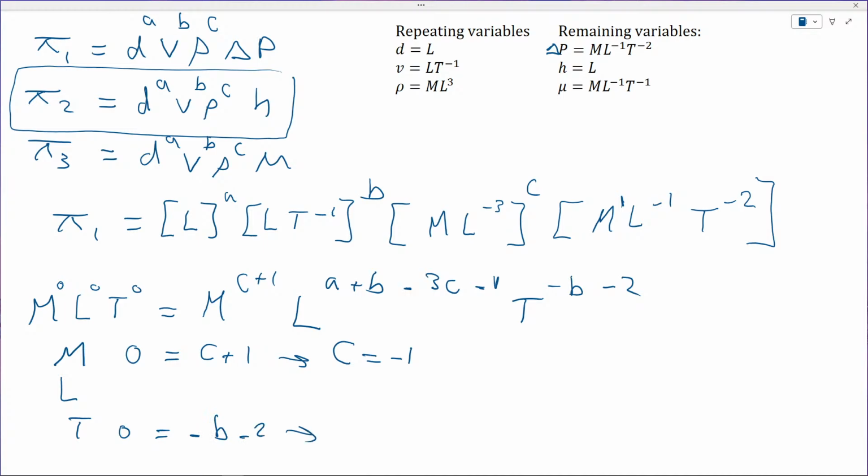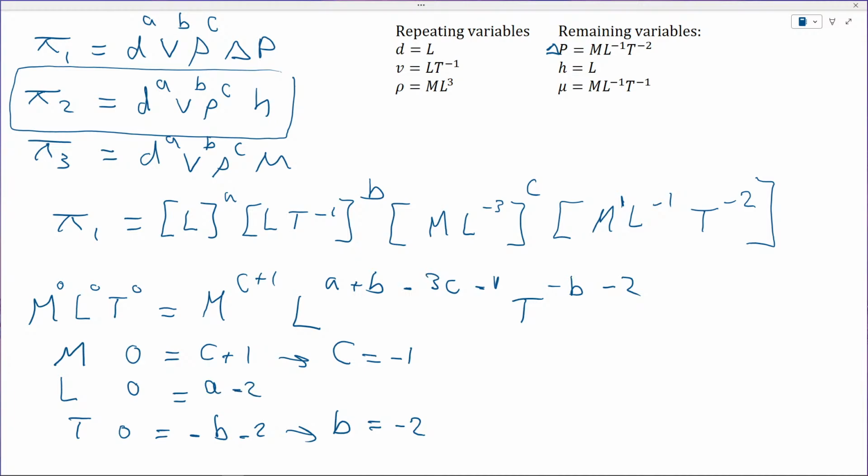This means that B is equal to minus 2. Do you agree? So now I know C, I know B. Let's do the L. For the L here, I have 0, that is equal to A plus B minus 3C minus 1. So A is unknown, plus B, that's minus 2.